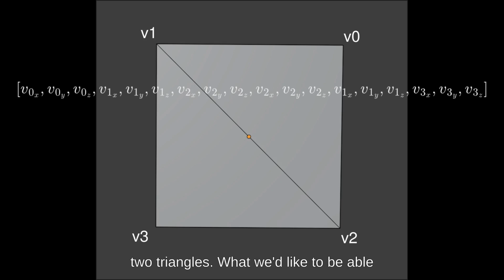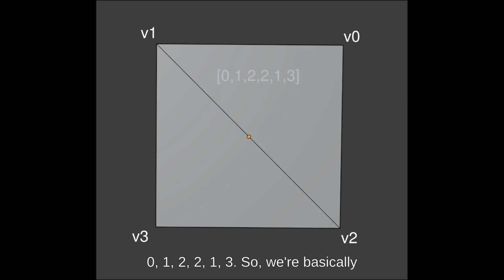Now, this feels sort of sloppy since we're redefining vertices V1 and V2, which are shared between the 2 triangles. What we'd like to be able to do here is just define the 4 vertices that make up the square one time, and then create another lightweight buffer, which we'll initially define as a JavaScript array, just like we did with the vertices, which will just contain the vertices for these triangles. In this square example, the array would look like 0, 1, 2, 2, 1, 3.